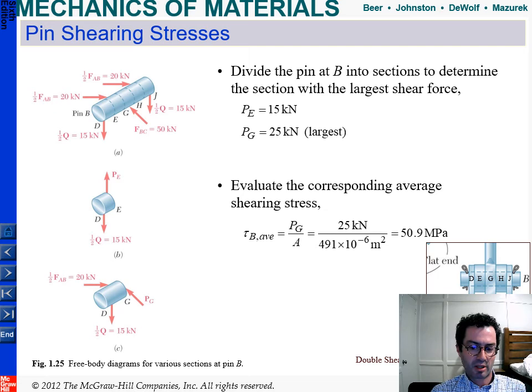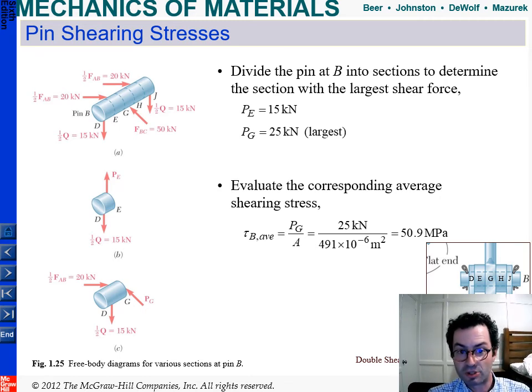But remember, it's still a double shear, because it's just a single member right there. It's got a double clevis on either side of it. There are still two shear surfaces right there. So we actually are under a shear force, and we will regard this as a double shear.